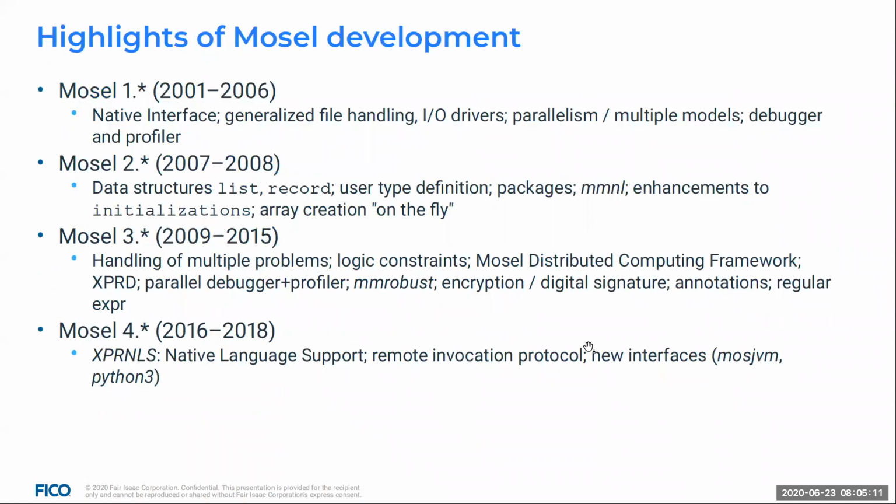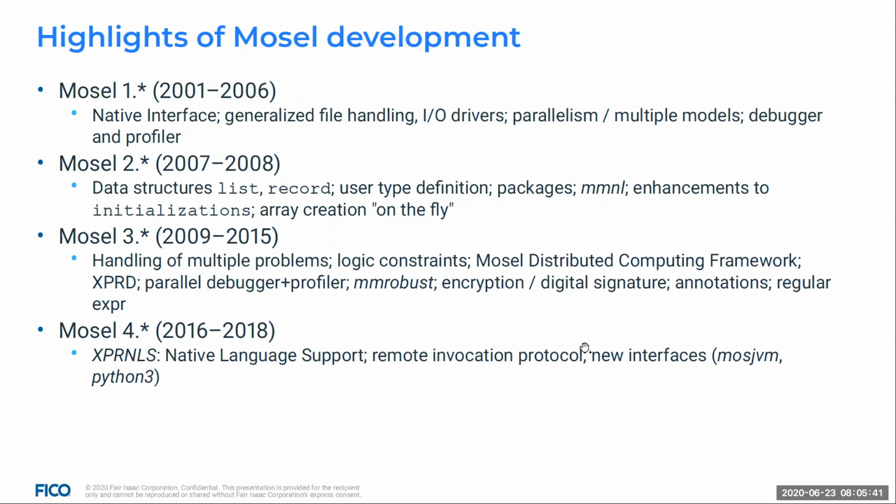Now, Mosel started almost 20 years ago. The first version was released in 2001. Already this first release series introduced the notions of parallelism. Mosel 2 built out on data structures and problem types. And the Mosel 3 version introduced the generalized notion of the Mosel distributed framework for distributed computing.